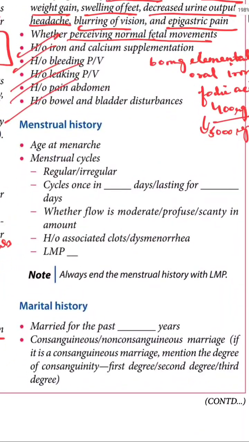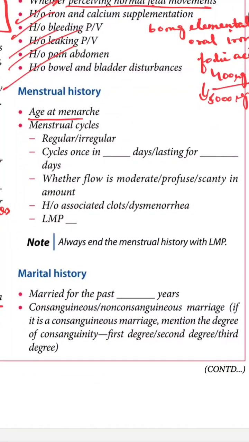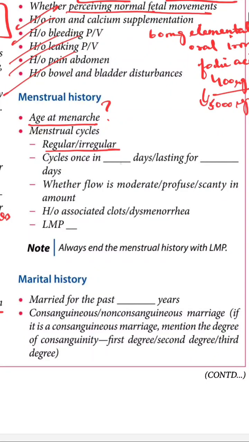Now coming to the menstrual history, what is the age at menarche? Menstrual cycles, whether regular or irregular, once in how many days? For example, cycles once in 28 days, lasting for around 3 days. This is how it goes.